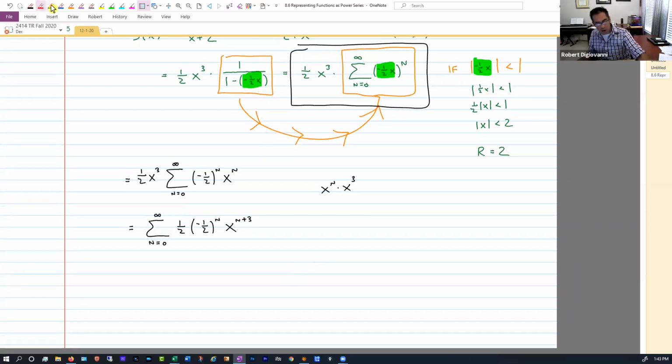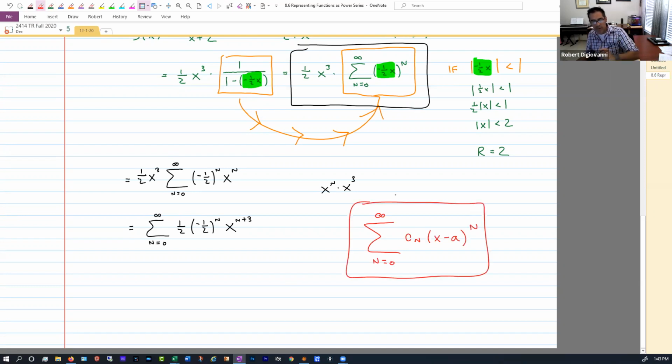So look, my goal right now is to get you to a point where you have this. That's what a power series looks like, okay? We have to have some numbers in front, things that are changing, but they're numbers. Then you have to have x minus some constant to the power n. That's what we need, okay?